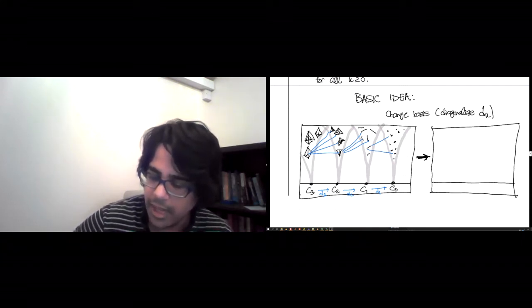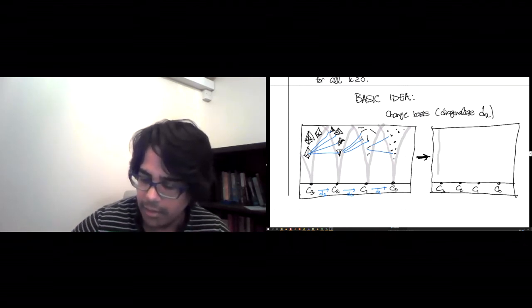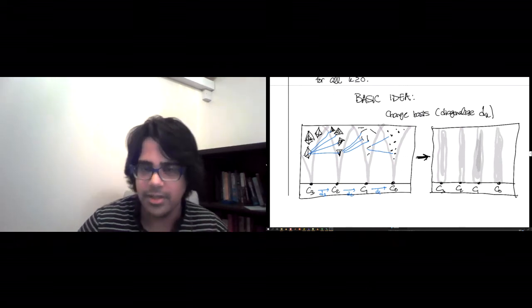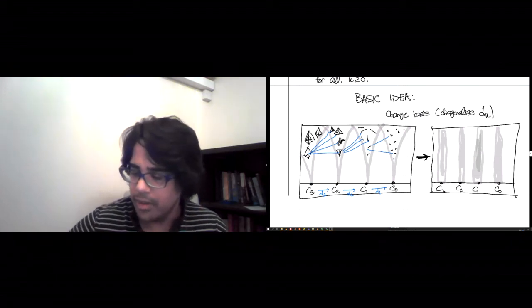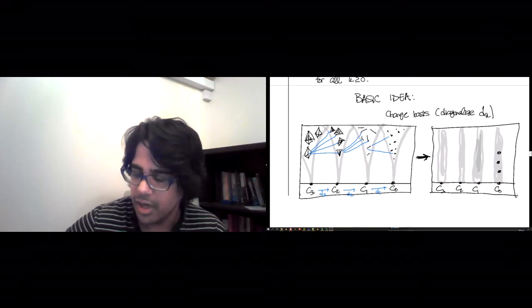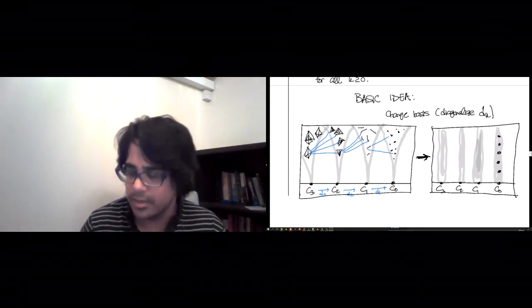So you still have the same chain groups, still C0, still C1, still C2, still C3, and now you have something else on top of everything. Instead of these nice geometric simplices, you're going to end up with linear combinations of simplices, right? So each dot here is not a vertex. It's a linear combination over F coefficients of vertices.